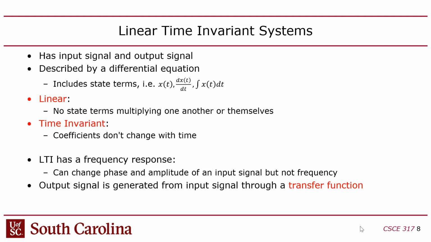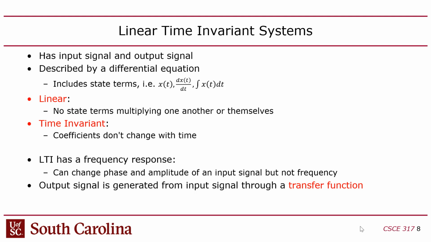But you can't multiply state terms by themselves. You can't multiply two state terms together, because if you did that, it would no longer be a linear system. So the idea is that you think of it like a linear equation, except in the equation, the variables are time domain state variables, or they're one of their derivatives or one of their integrals.